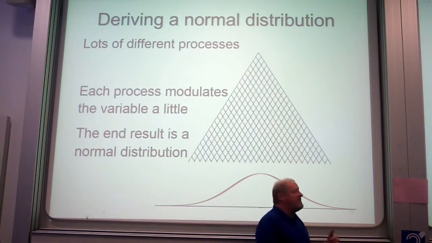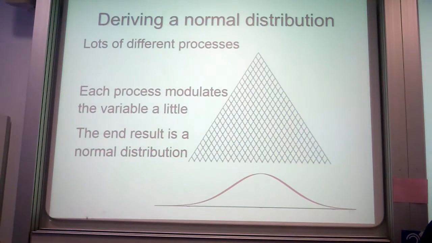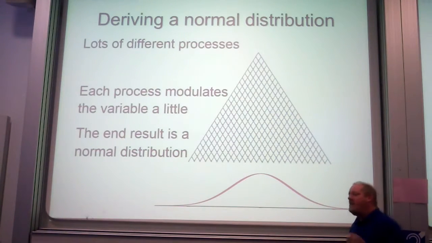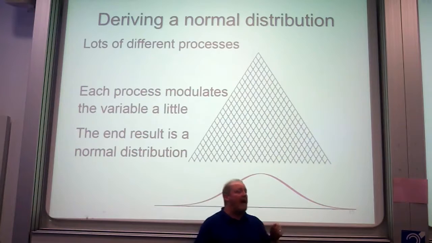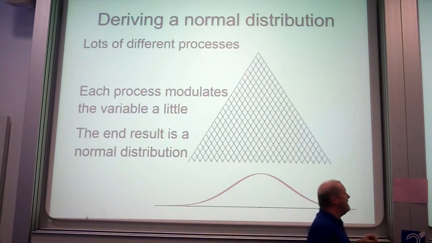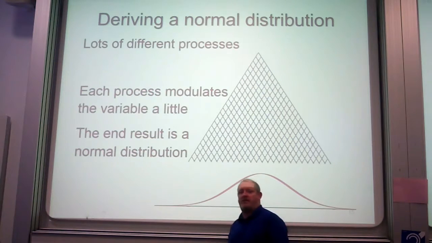What this means is that if we have some variable and we have an infinite number, a very large number of processes, each of which can tweak that variable up a bit or down a bit, so any one process can increase or decrease the value of that variable, it will be normally distributed.